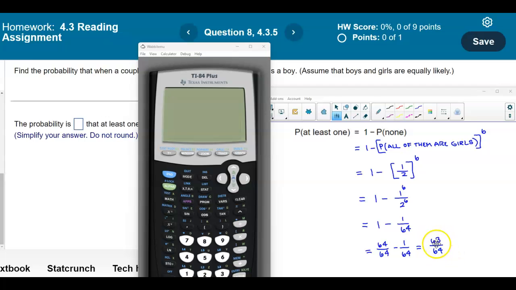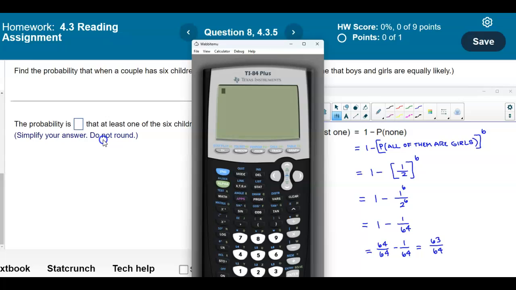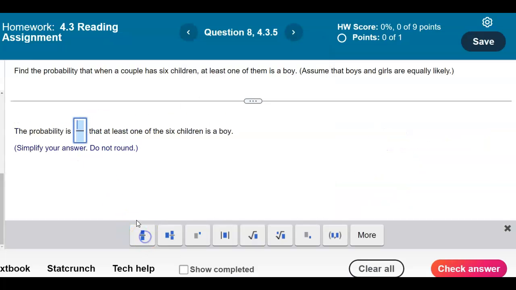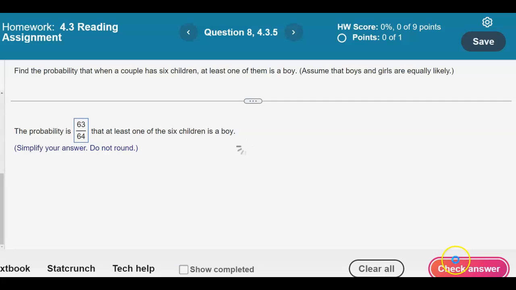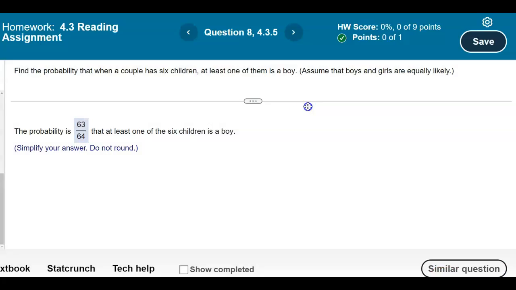So we would have the probability of 63 over 64, and it says to simplify the answer and do not round. So that means we're just going to put in the fraction of 63 over 64. So let's go ahead and put that in there, 63 over 64, and therefore there is our answer.